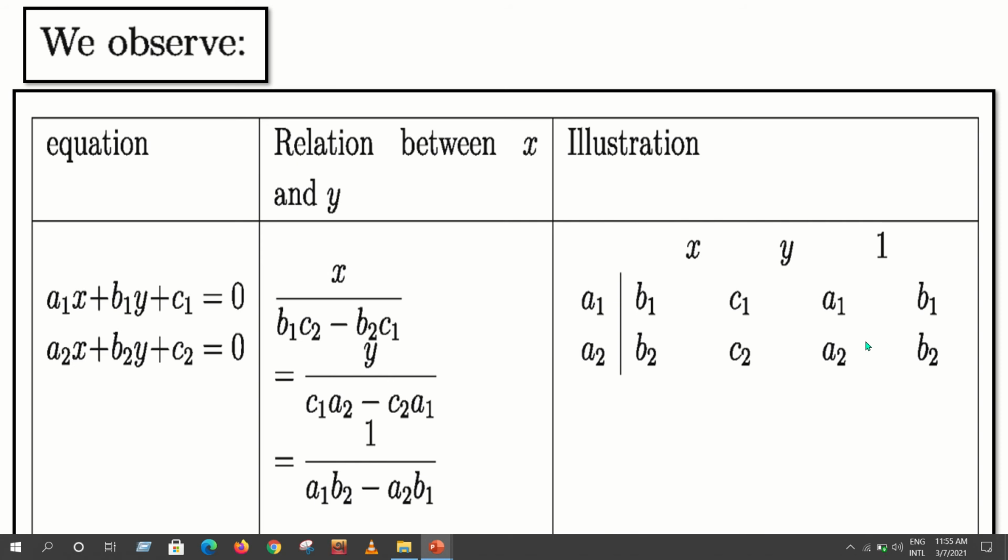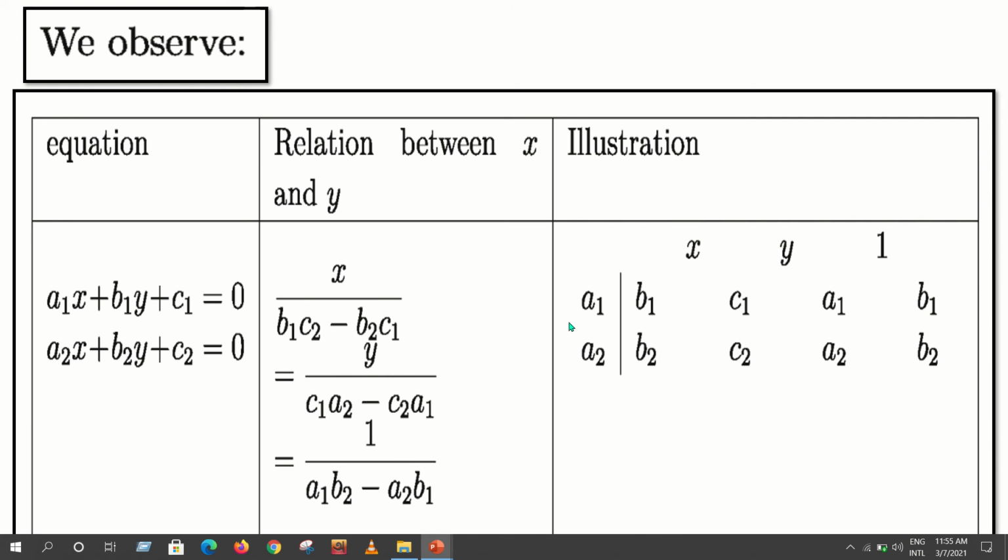Another illustration: we have to take the coefficient of x, coefficient of y, and constant term, also the coefficient of x, coefficient of y, and constant term. Again, we have to take once more the coefficients of x and y, that means a1, a2, b1, b2.